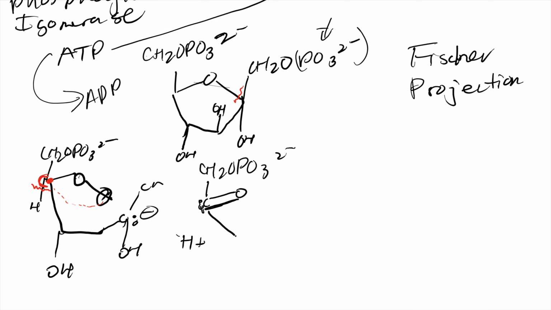And then let's keep going here. Forgot to write this. It's just a lot of drawing, so I might miss a little hydrogen, but that's okay. So this free hydrogen here comes.